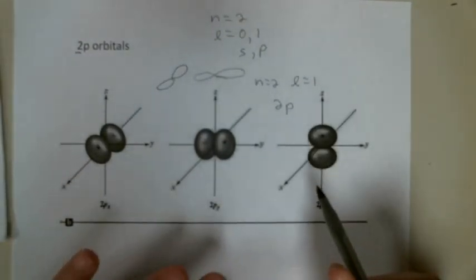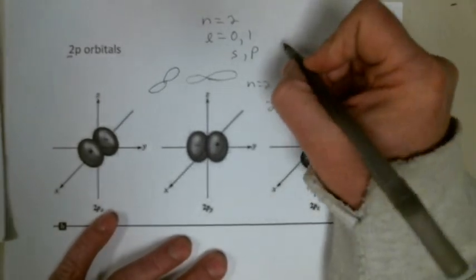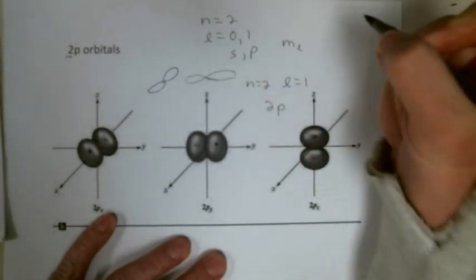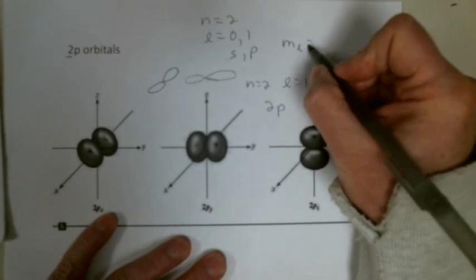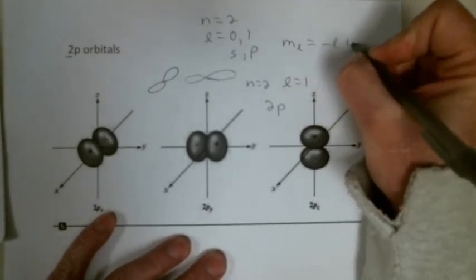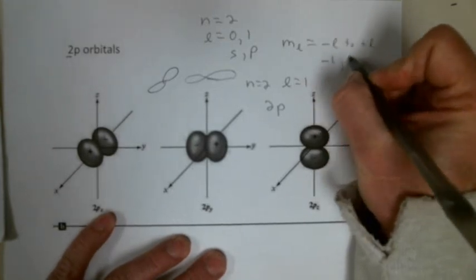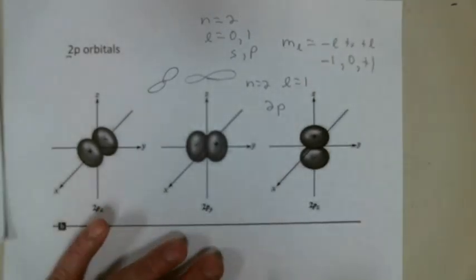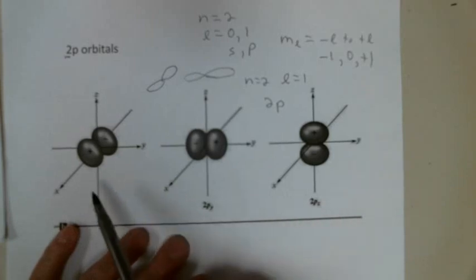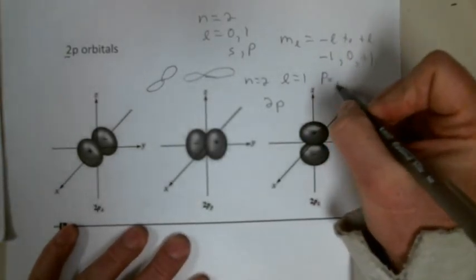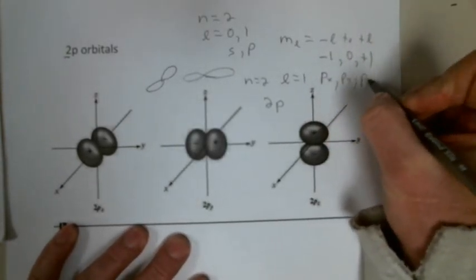And there's 3 of them because when we got to the next quantum number, m sub l can be from minus l to plus l, right? So it can be minus 1, 0, or plus 1. And that's why we have the px, py, and pz.